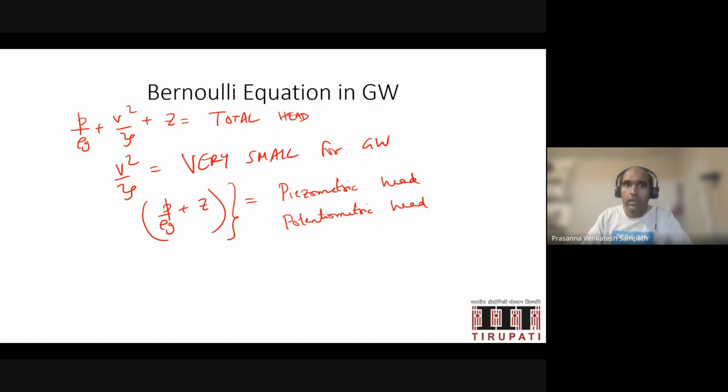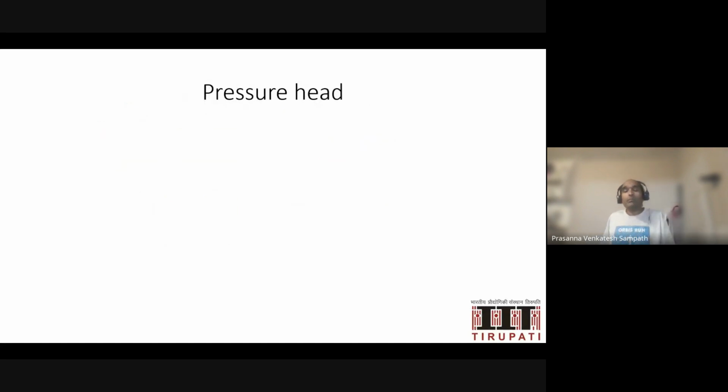Now, this pressure head, when it comes to groundwater, here again there is a distinction between the unsaturated zone and the saturated zone. Let me just draw quickly. I have the land surface and then I have the water table.